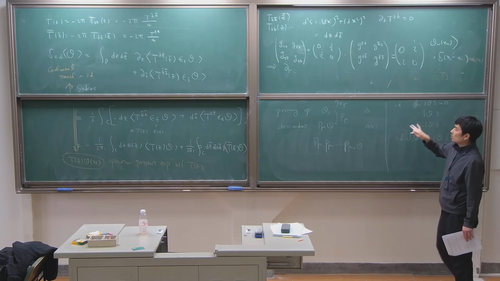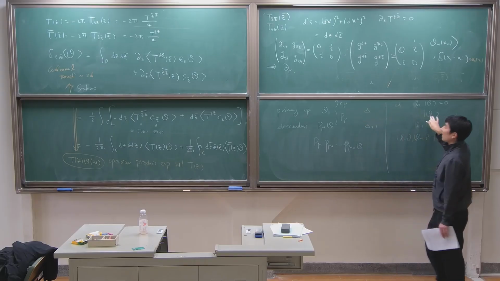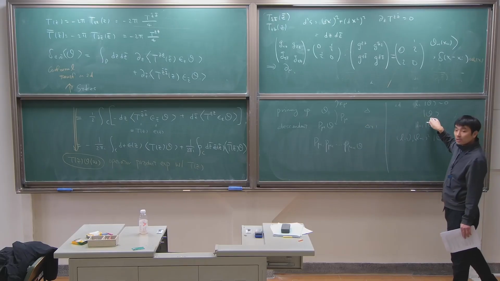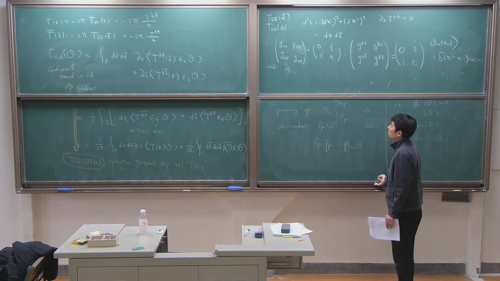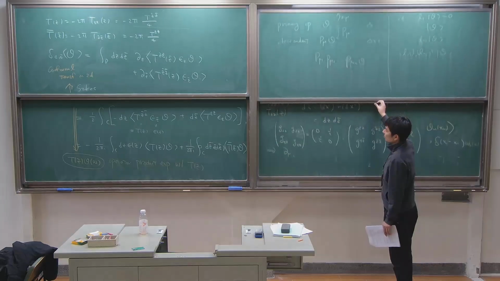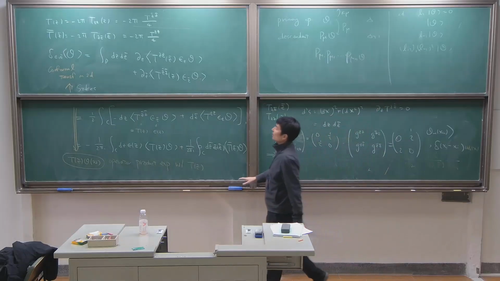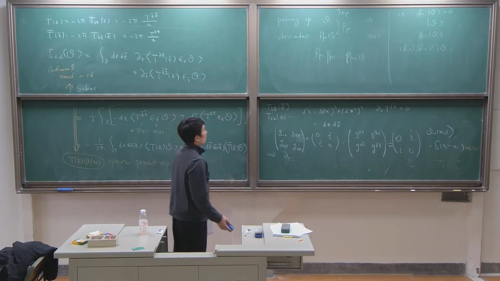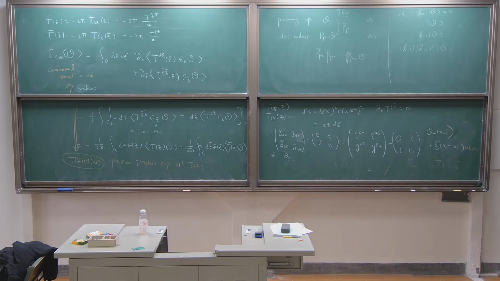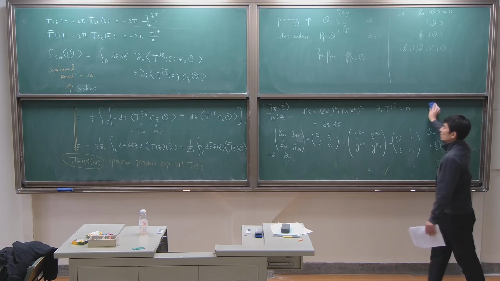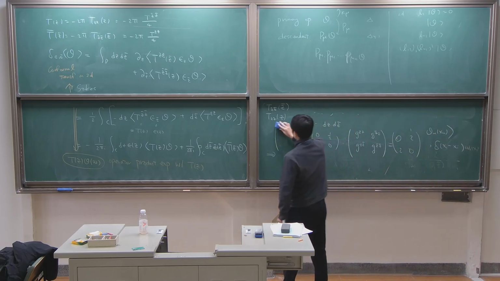One way to define it is that L1 annihilates this O. Okay, fine. So now let's look at the conformal weight of this T mu nu, and so on.